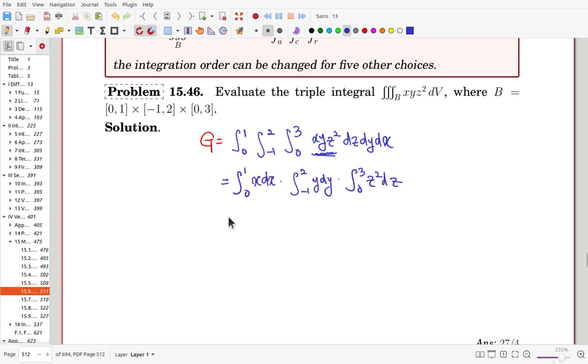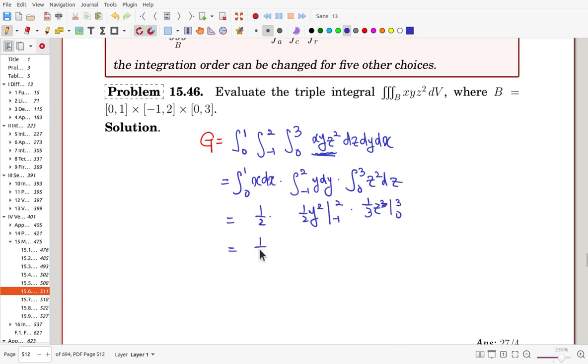From the first one, we'll have 1/2. From the second one, there's half y squared from minus 1 to 2. And the final one is 1/3 z cubed, from 0 to 3.